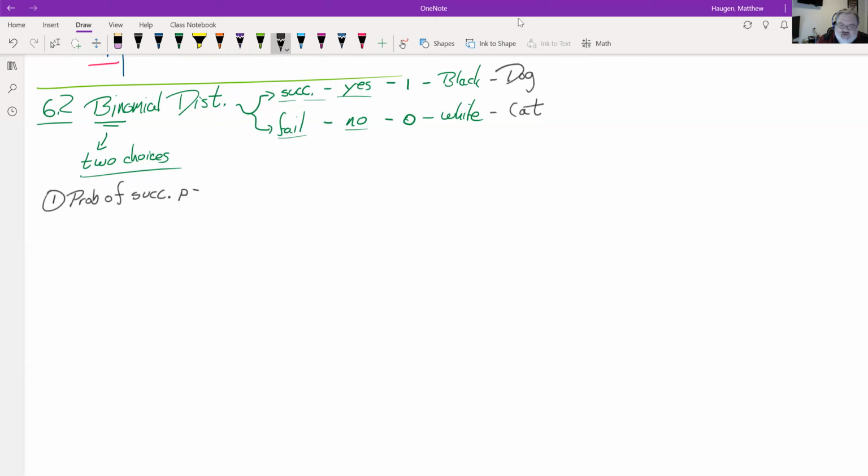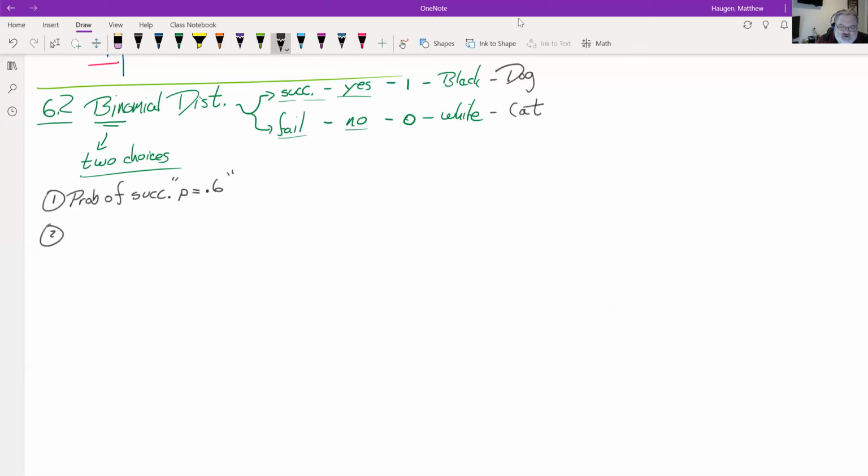And let's say for this example, the probability of getting that success is 0.6. So 60% of the time we get a yes, we get a success, whatever we're calling the yes result for our distribution. So that proportion is what's going to define our probability distribution.